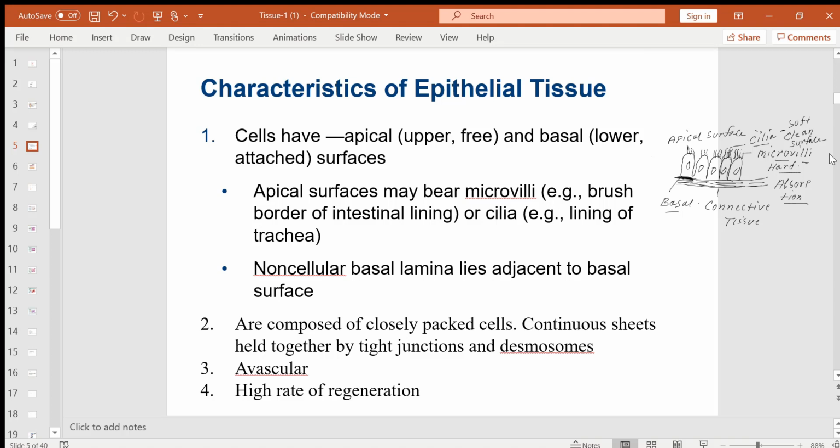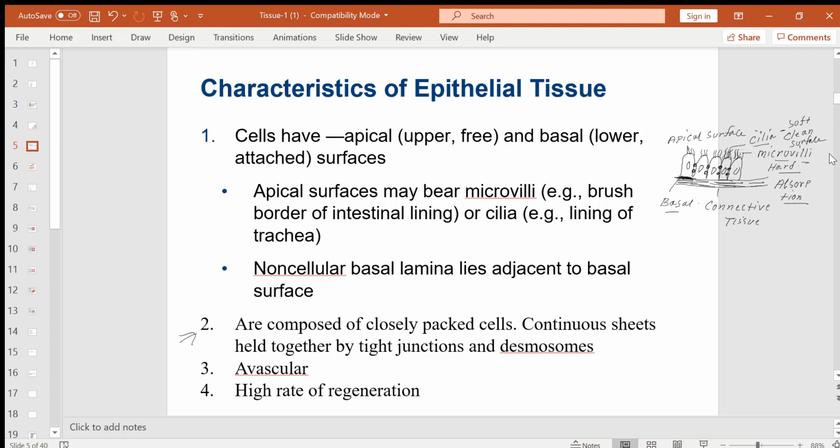Then another important property of the epithelial tissue is that epithelial cells are attached to each other by intercellular junctions, the protein structures that hold the cell membranes together.